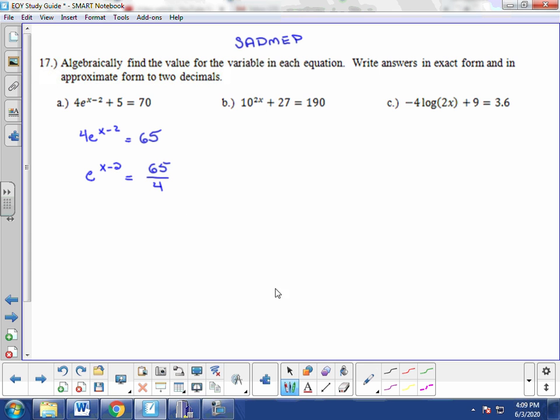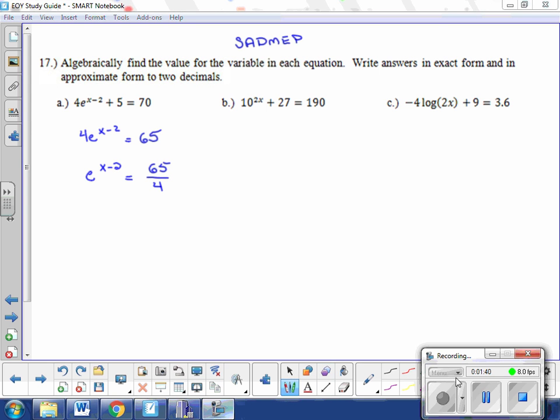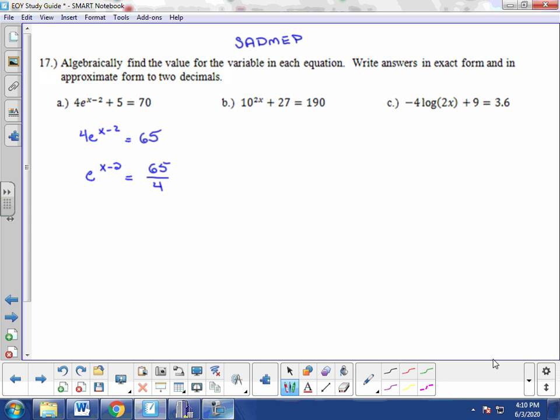From here, we need to get the x, or the variable, out of the exponent. Because the variable is in the exponent, we want to use inverse relationships, so if this is an exponential equation, use a logarithmic equation. A logarithmic equation needs to be of the same base, so we're going to take the natural log of both sides. That's going to cancel out the e, the exponential portion on the left side, and leave us with just x minus 2.